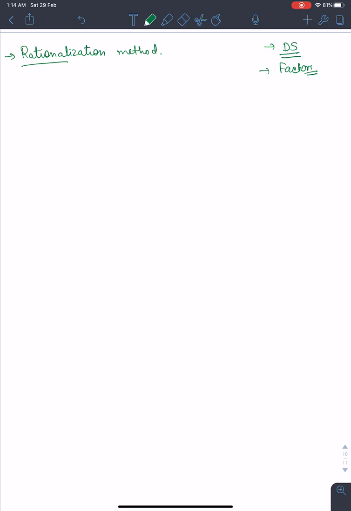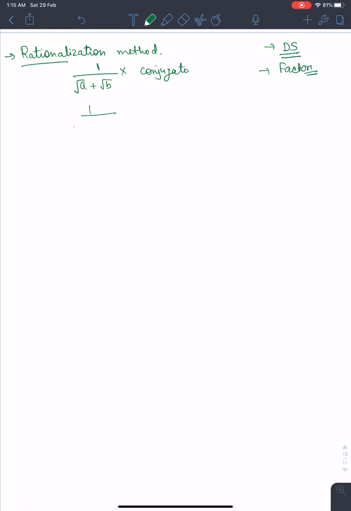If you remember from the 10th class, let's say if I have written root a plus root b, then 1 upon something is given and you are supposed to rationalize, then what you are supposed to do, you are supposed to multiply with its conjugate and divide with its conjugate.